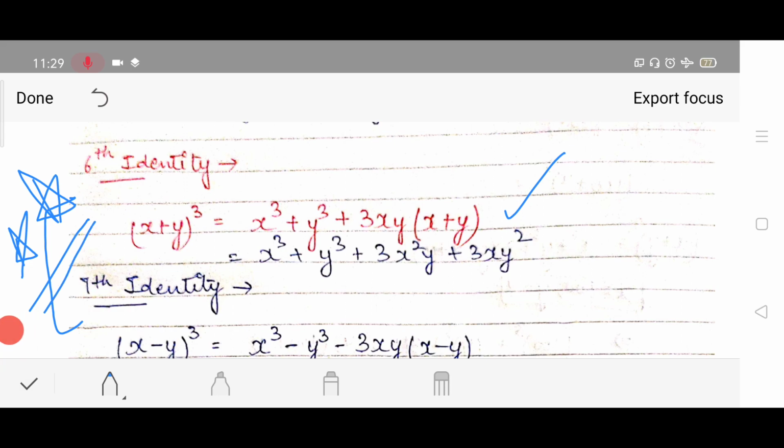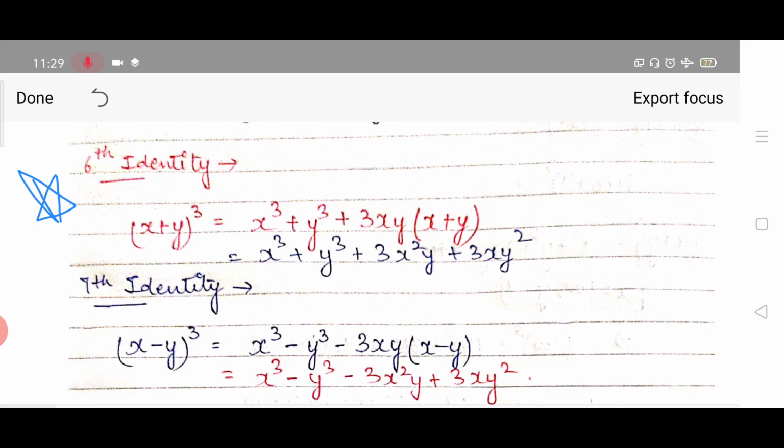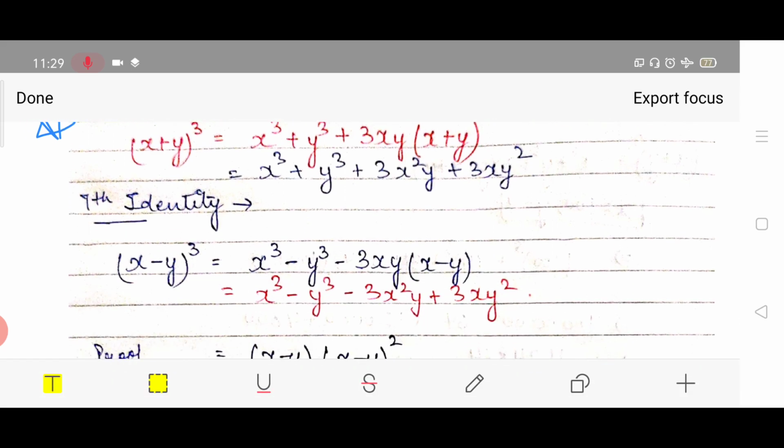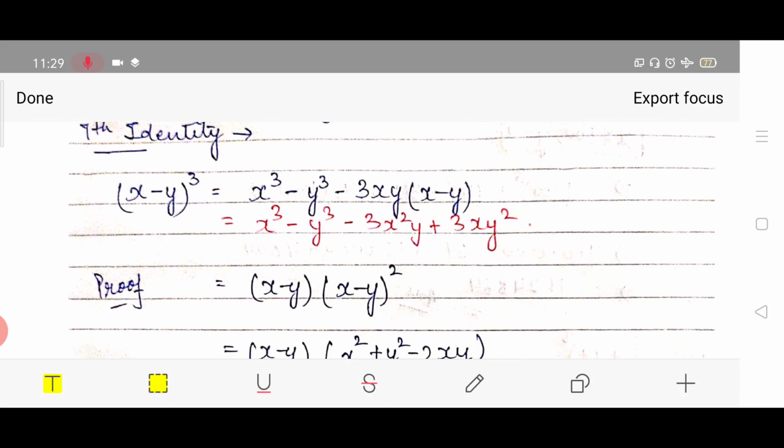Now moving on, if you multiply 3xy by x, what will you get? 3x²y. If you multiply 3xy by y, what will you get? 3xy². So you can write this identity as this or this, both are the same. Now moving on to the seventh identity, that is (x - y)³.